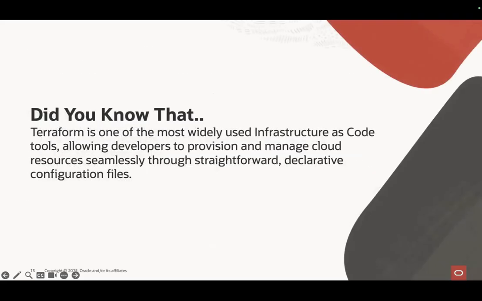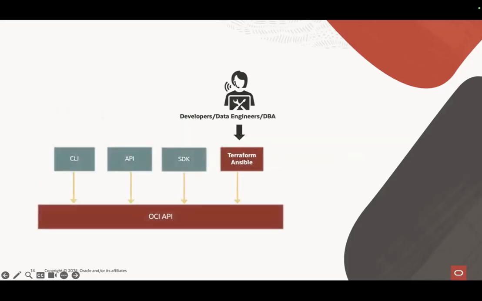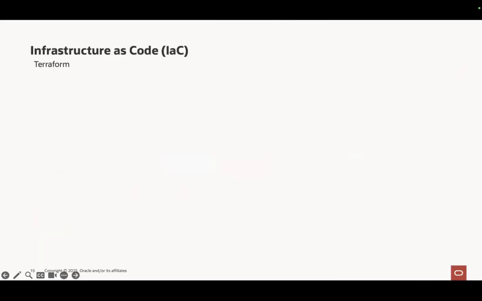Okay, did you know that Terraform is one of the most widely used infrastructure as code tools, allowing you to provision and manage cloud resources seamlessly through straightforward, declarative configuration files? So let me walk you through quickly on why most users love to use Terraform.